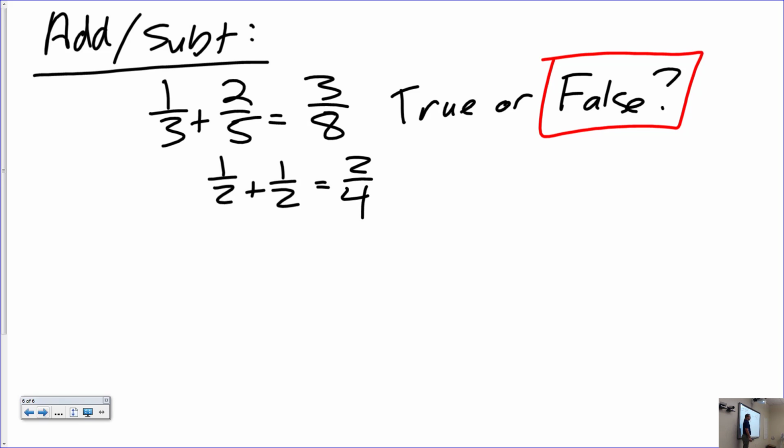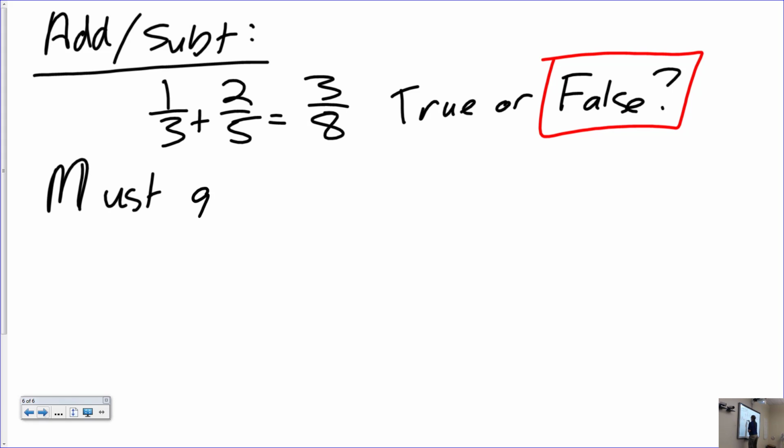Yeah, no. Okay, so please remember that when you are adding and subtracting fractions, you must get a common denominator, right? Must get common denominator.